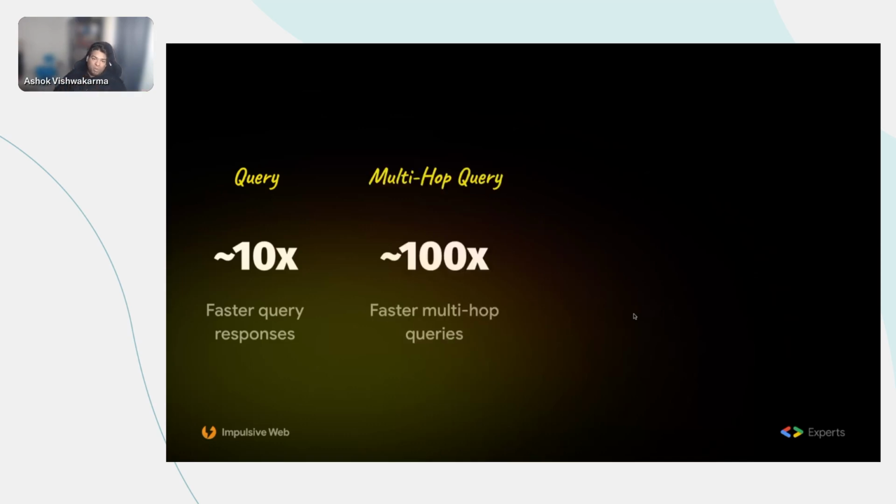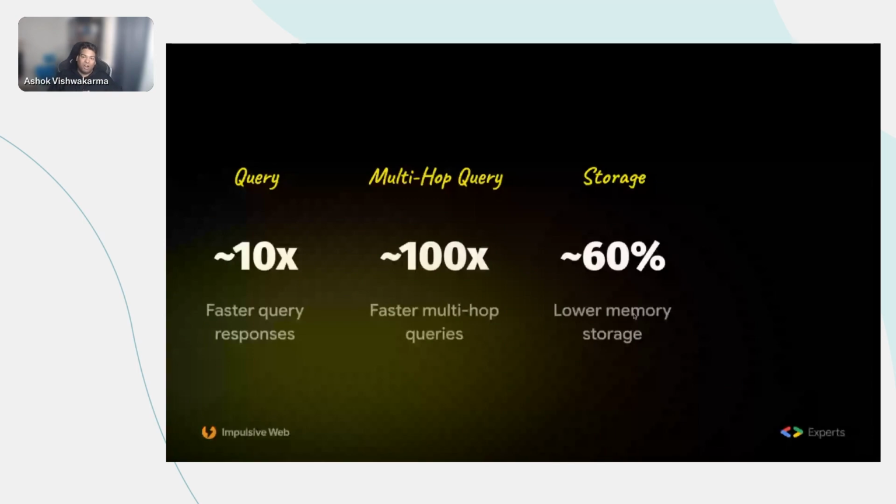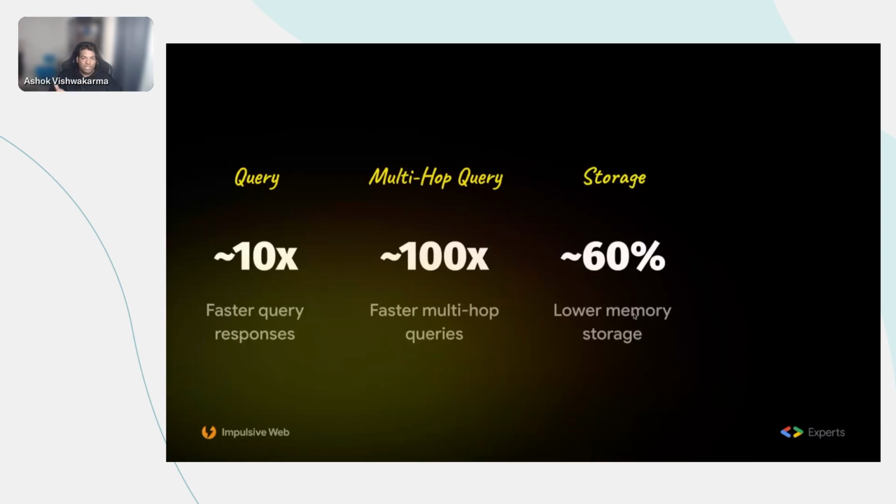For a multi-hop query, it was 100x faster, because MongoDB does not have that optimization on the algorithms. And in Neo4j, you can also implement your own algorithm for how the traversal actually happens. We also saved a lot of money and resources in terms of storage, because the way MongoDB stores information and the way Neo4j stores information is drastically different.